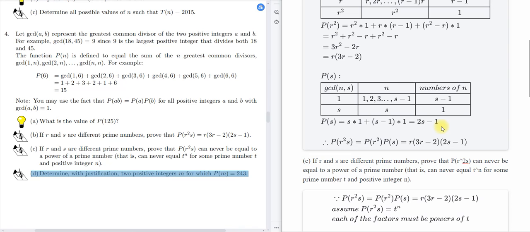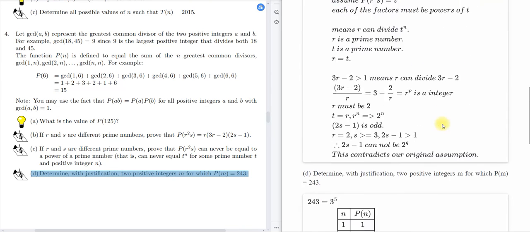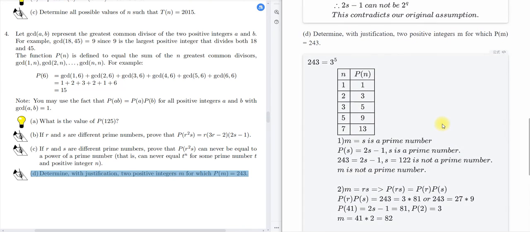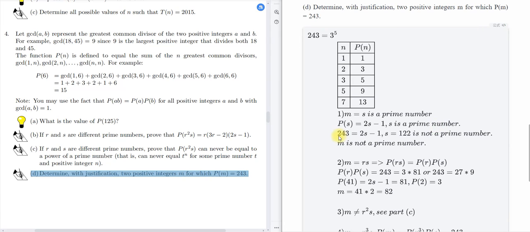It's in part B. We already know that. So 243 equals 2s minus 1. s equals 122. It's not a prime number. So m is not a prime number.